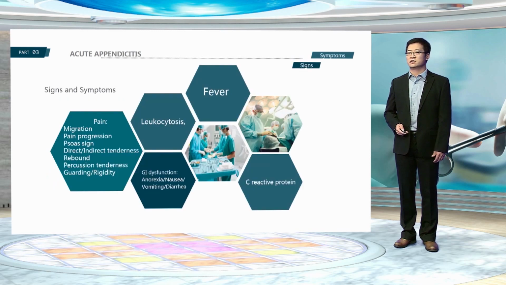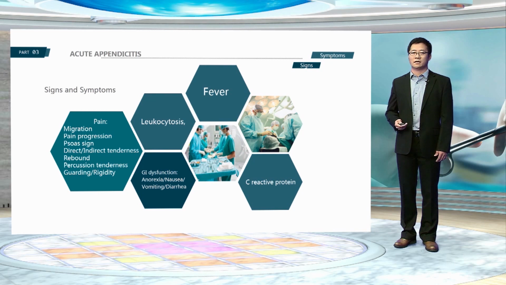The signs and symptoms of acute appendicitis. First, pain or migration pain, pain progression, direct or indirect tenderness, rebound tenderness, percussion tenderness, or even guarding or rigidity.